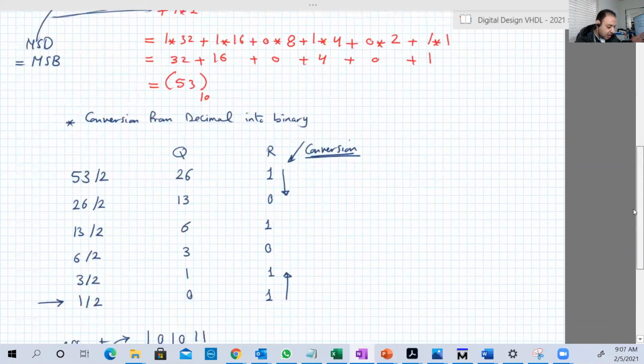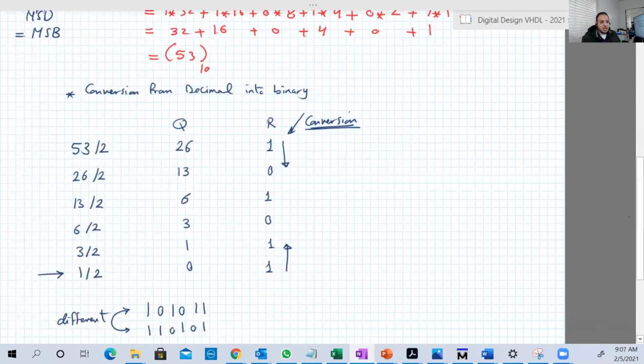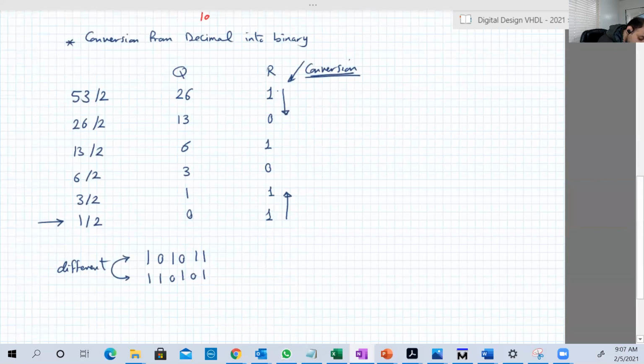Although we know that each number in a big number is just a digit, we usually call it a bit. So basically the rule here is this is the least significant bit, this is the most significant bit. So this number is wrong, and this is basically the right answer. This is the correct answer.